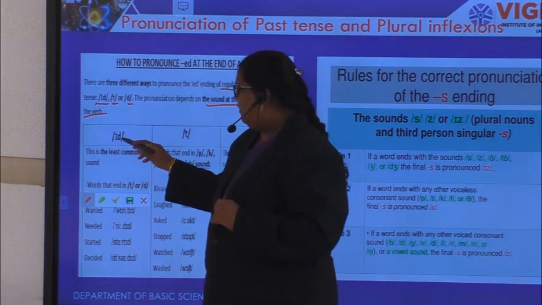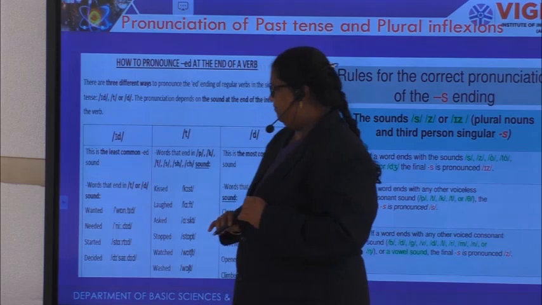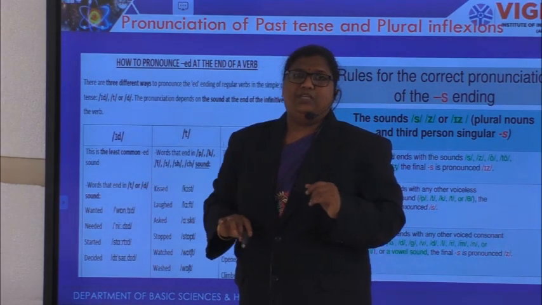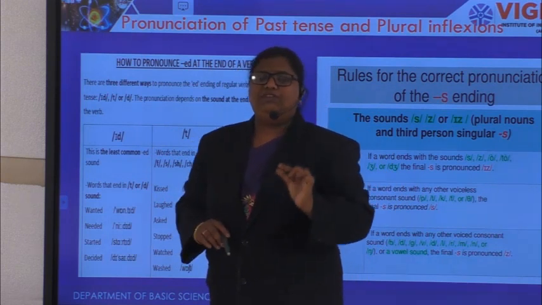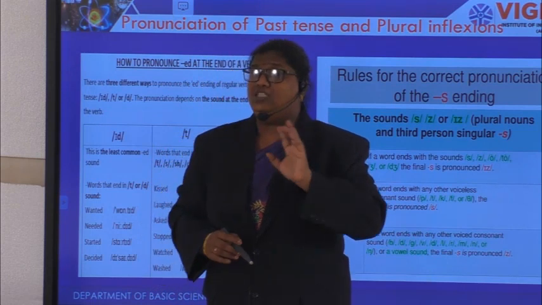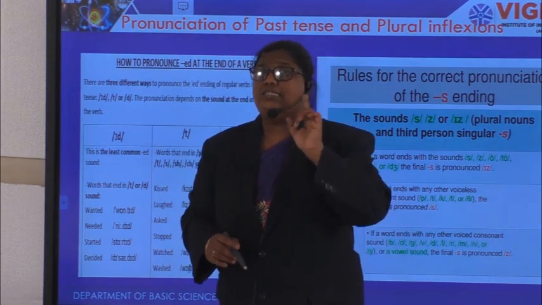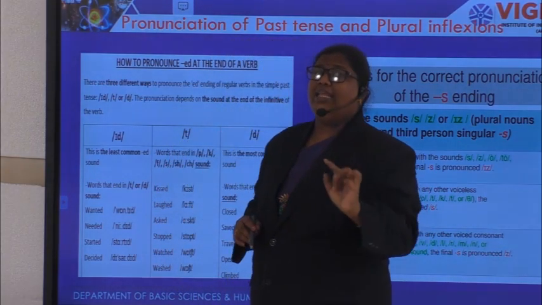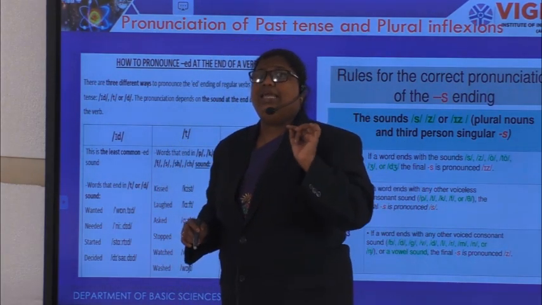So where do you use id? With words that end in t or d. If the verb ends with the sound, again I'm repeating, it's not letters, the sound t or d, then if you add ed, you need to pronounce it as id.